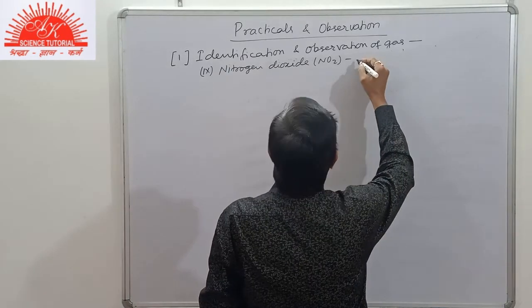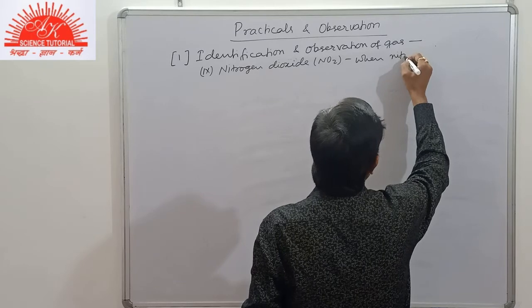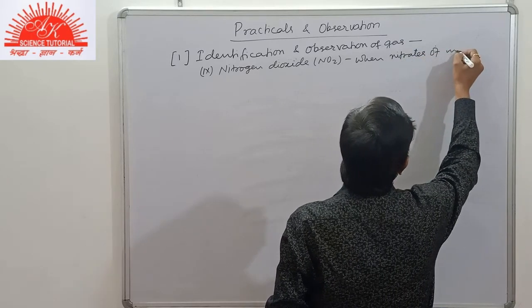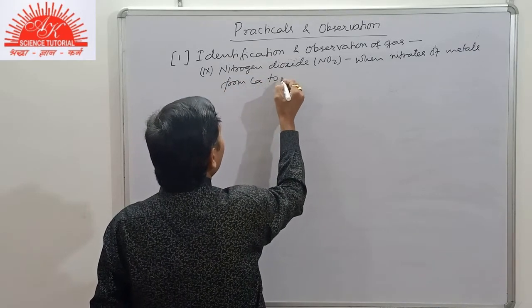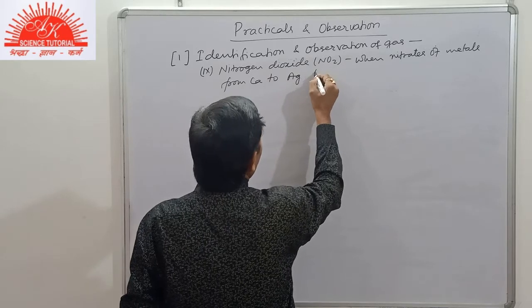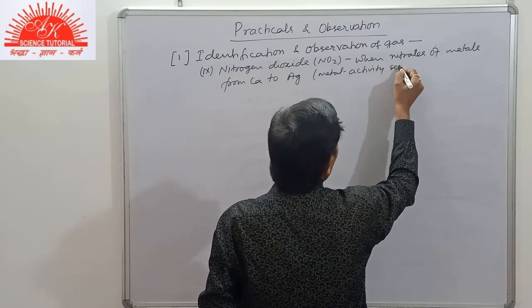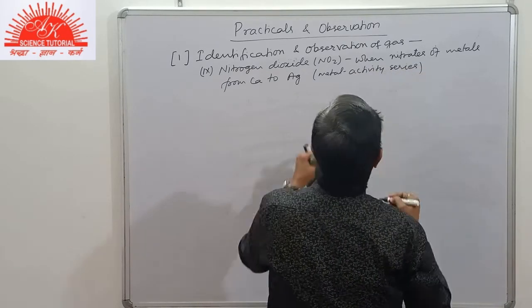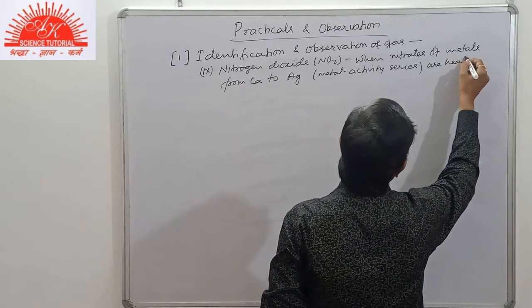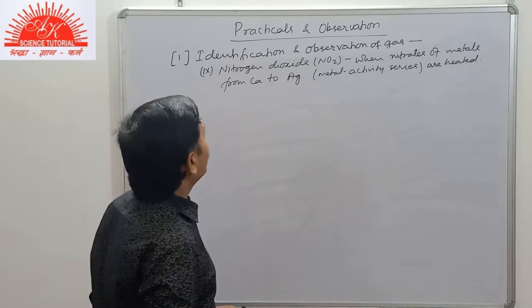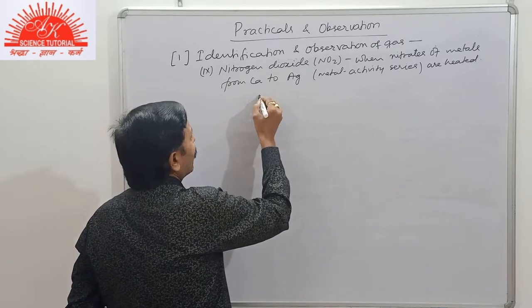That is, when nitrates of metals from calcium to silver are heated, then this gas is produced. Like you see, suppose we take lead nitrate.